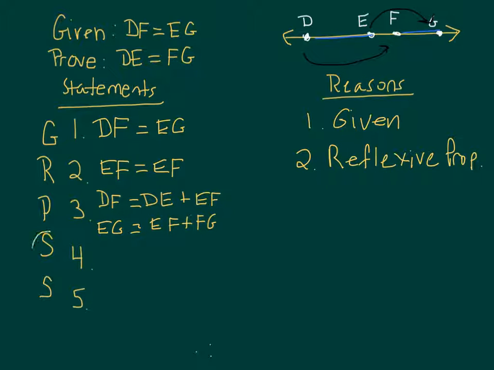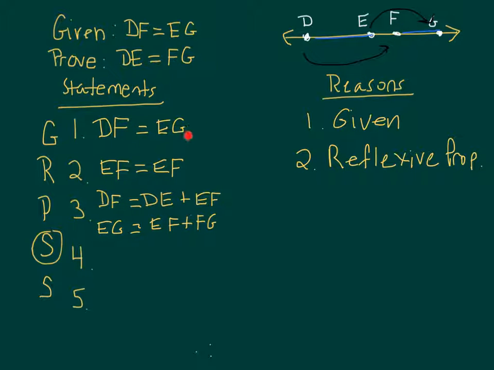Next step, S for right here, for substitution. What are we going to substitute? Let's take a look. This is the step I currently have. When you're using substitution, you need to look up what came before. Something here must look identical to something that came before it. Take a look and see if you have a match. And we do. The DF and EG were up here.